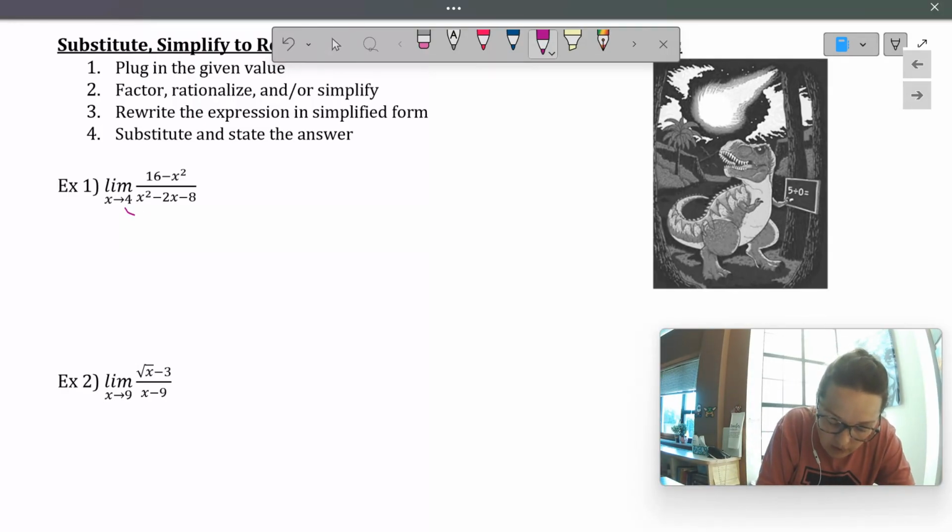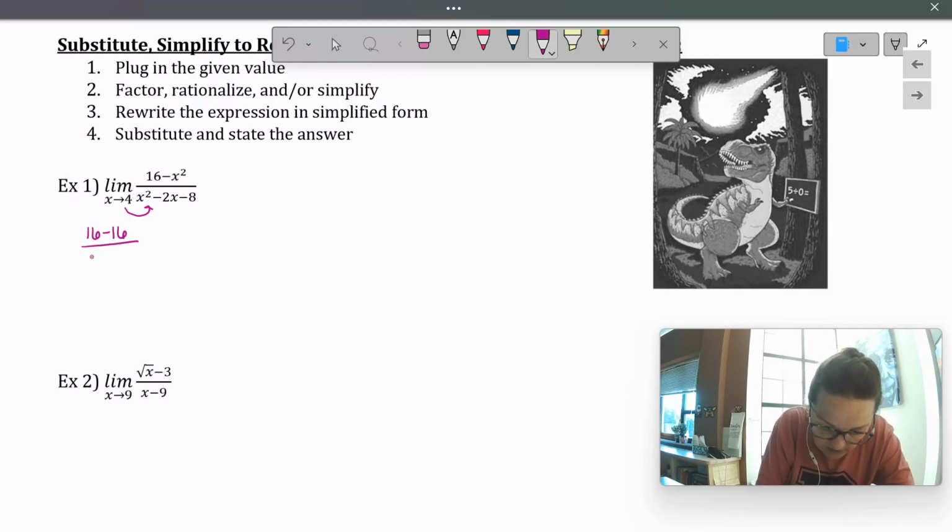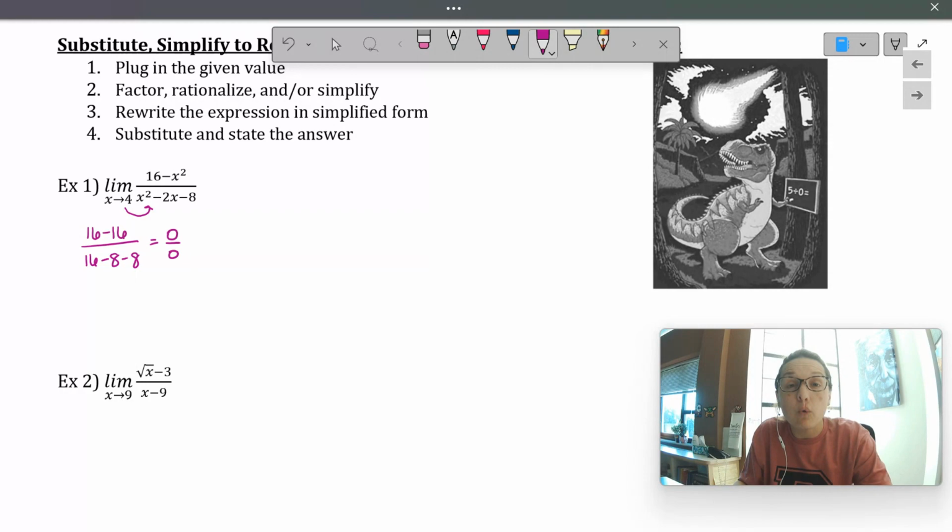If I were to just plug 4 into here, I have 16 minus 4 squared, which is 16, over 16 minus 8, and that goes to 0 over 0, which means my function is broken.